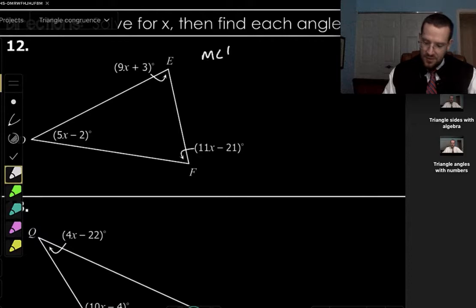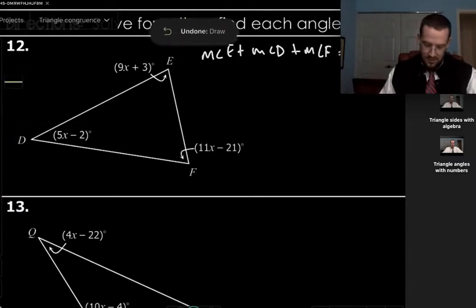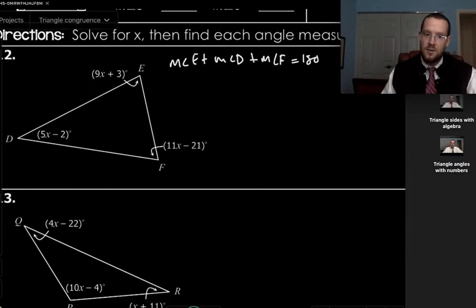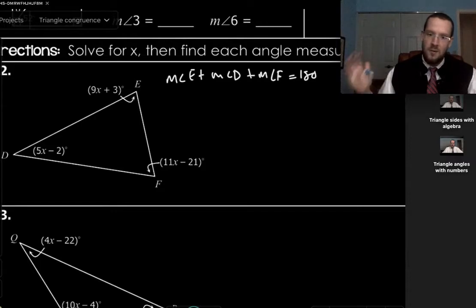We know the measure of angle E plus the measure of angle D plus the measure of angle F is equal to 180 degrees. That's what our equation will look like.